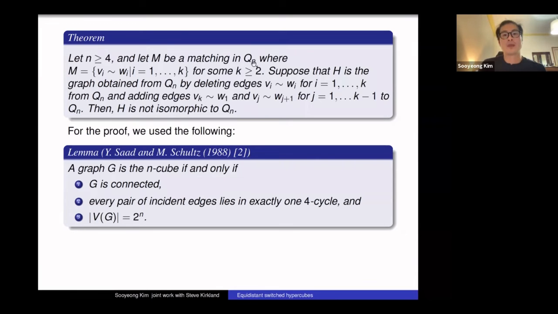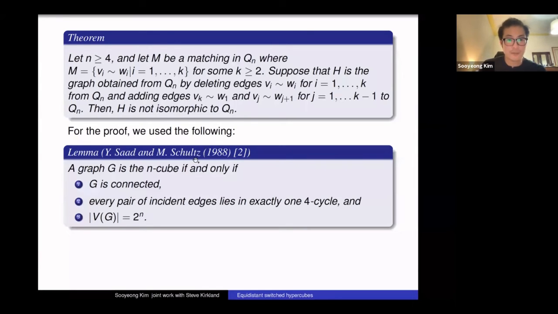Given Qn, let's pick any matching in Qn, then we are going to apply the process of switching that we have seen, the equidistant switching. Then when we apply the switching like this, the resulting graph H is not isomorphic to Qn.